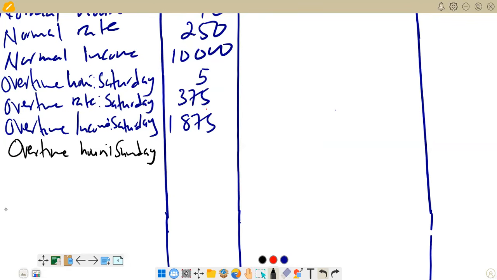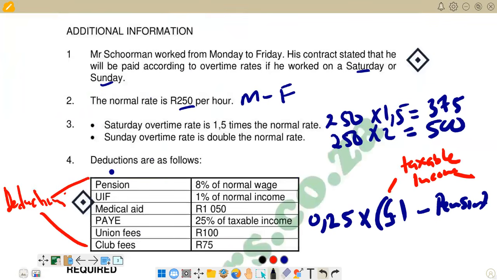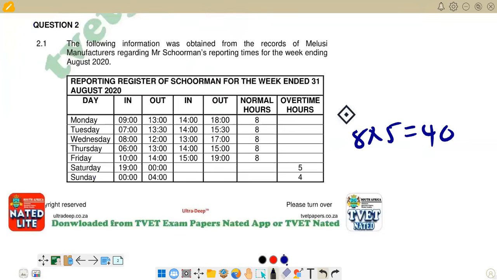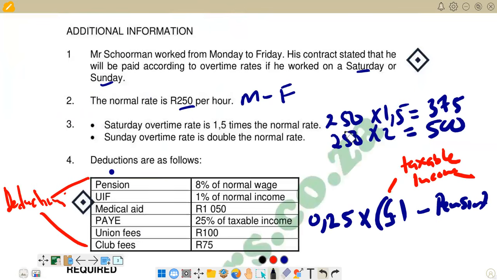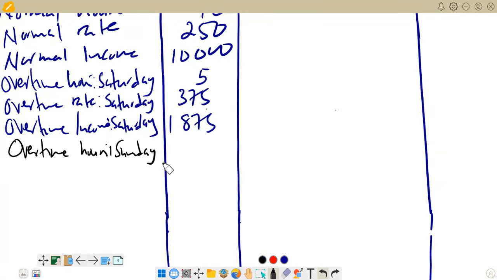We can go back and check on the table how many hours we have on Sunday. Sunday is here, we have got 4 hours. Also check the rate. We calculated the rate for Sunday as 250 times 2, which is 500, so the rate is 500. That's what we are going to summarize there. Then for Sunday hours, we have 4 hours.